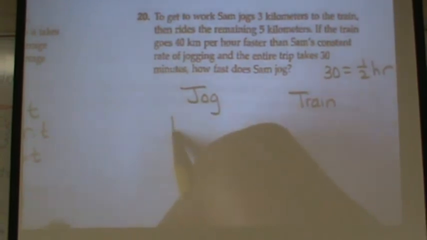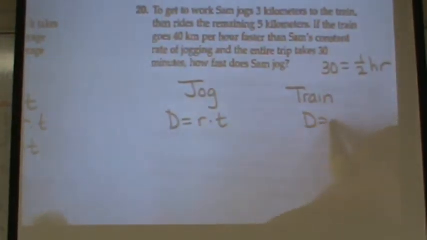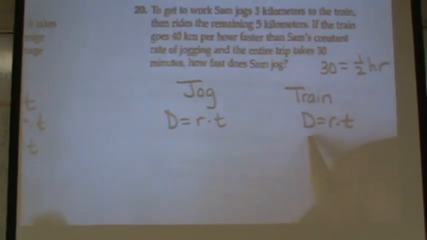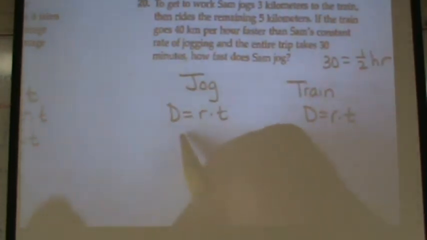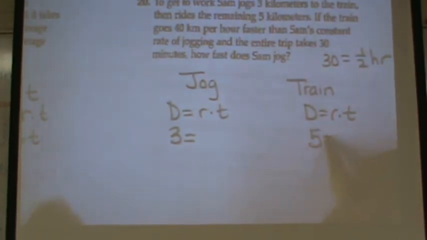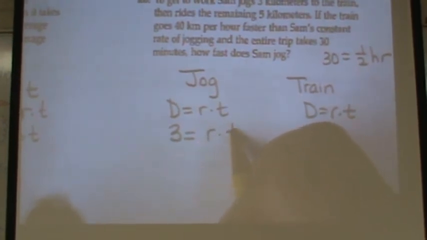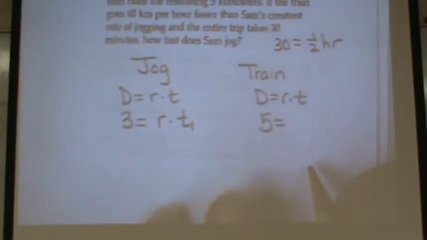And for jogging, we want distance is equal to rate times time. So he jogs 3 kilometers and he's on the train for 5. Now, we do not know the rate that he jogs, and we don't know the time, so we're going to call that T1.